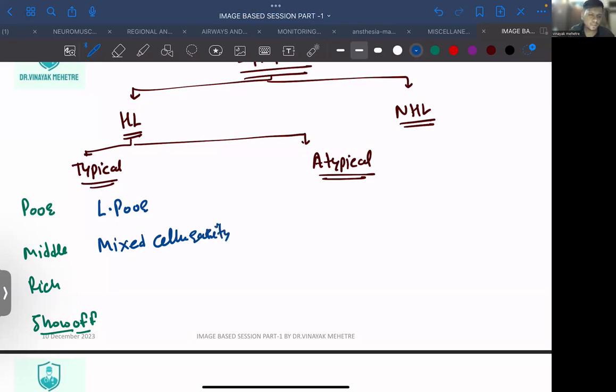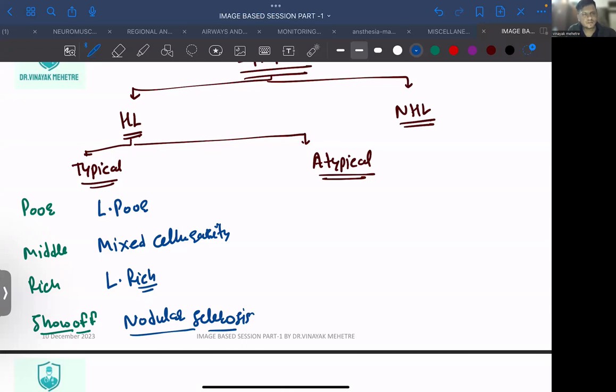Mixed cellularity. Which is left? Lymphocyte rich. And there is one more class, the show-off class, which is nodular sclerosis. You will see these people in everyday life: rich people, poor people, middle class people, and of course we are doctors, so you see all kinds of show-off people.